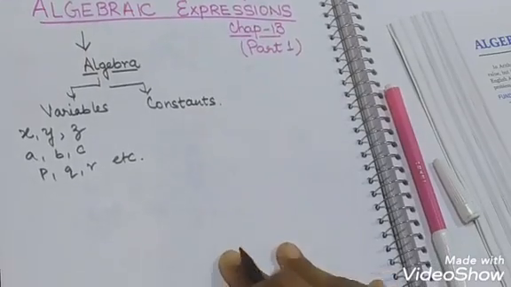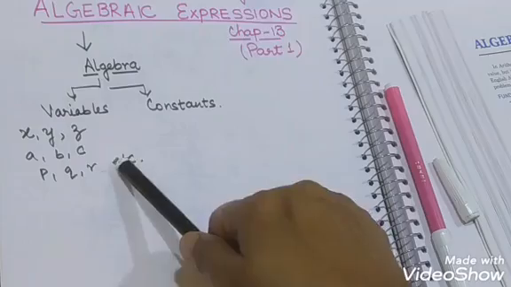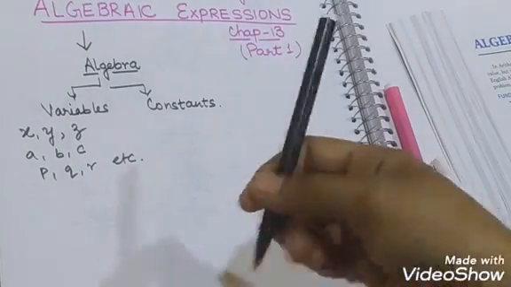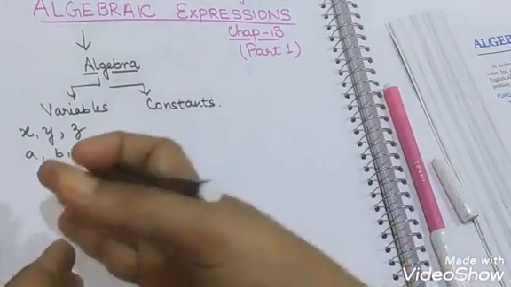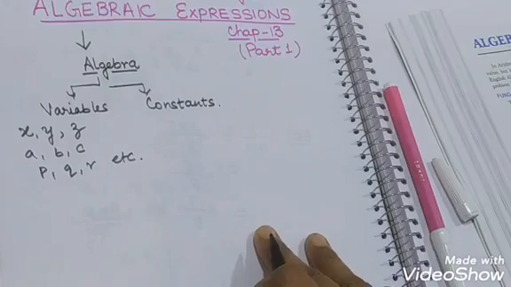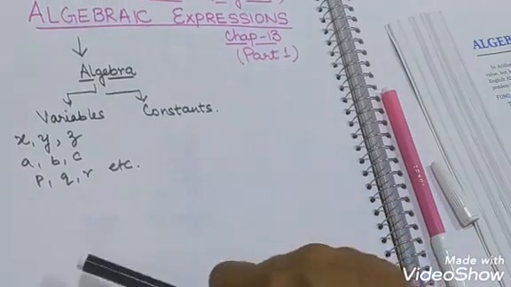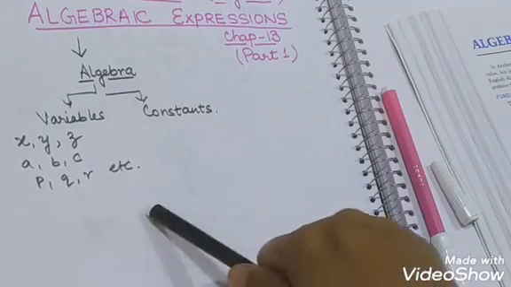When they are used in different equations, the values of X, Y, Z or A, B, C or P, Q, R come out different. Means in a particular equation the value of X will become 2, in another equation it will become 7. So there is no specific value of these alphabets.